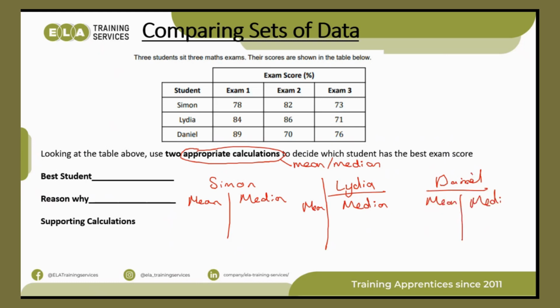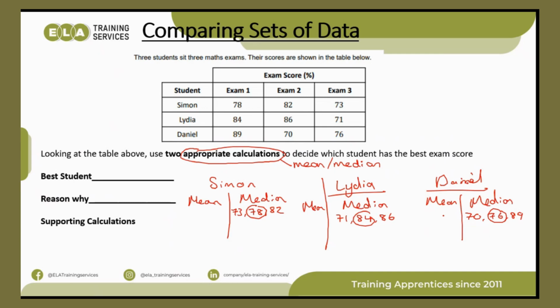As we know, median's easiest because it's just ordering. So for the median for Simon, the lowest is 73, 78, 82, so 78 is our middle. Then Lydia's median: 71, 84, 86, and 84 is our median. And Daniel's 70, 76, 89, and Daniel's is 76. So at the moment we can see Lydia has the highest median percentage score.